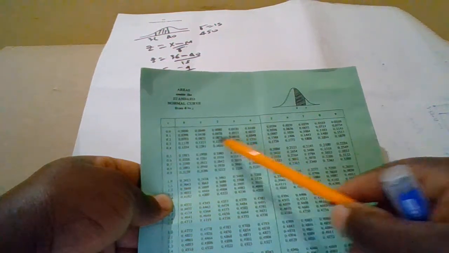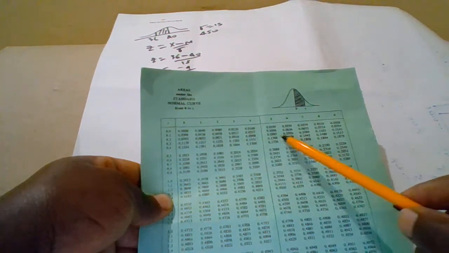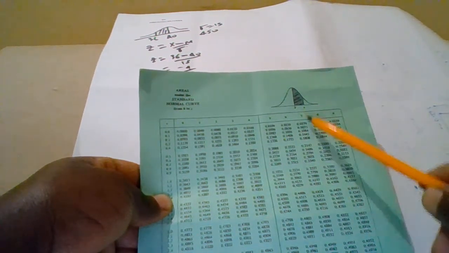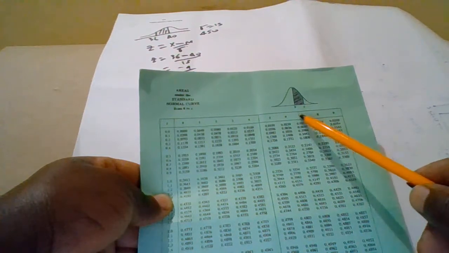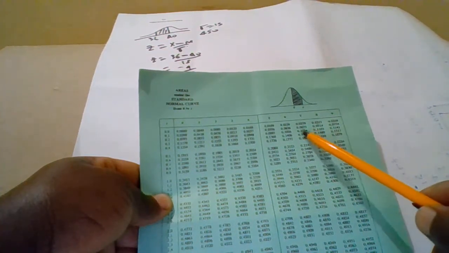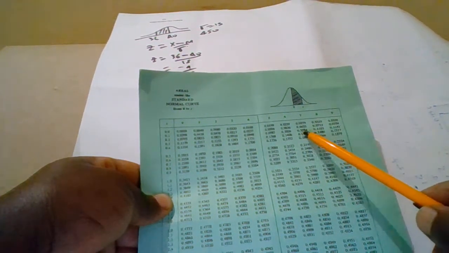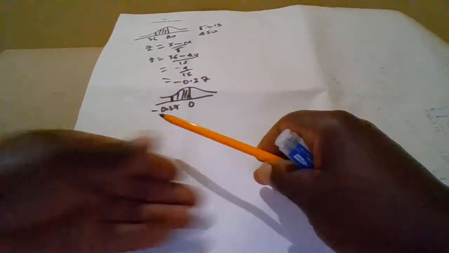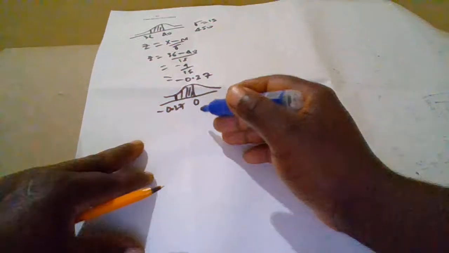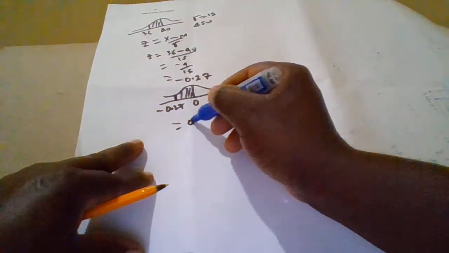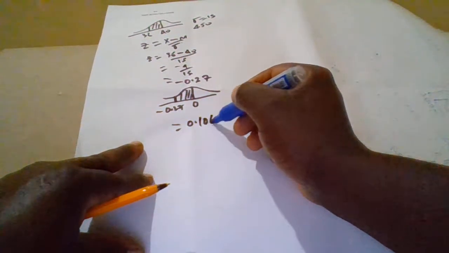Then we find the value of 7. Yeah, 7 is this one, 0.007. So we have 0.1064. Okay, so the shaded area equals 0.1064.